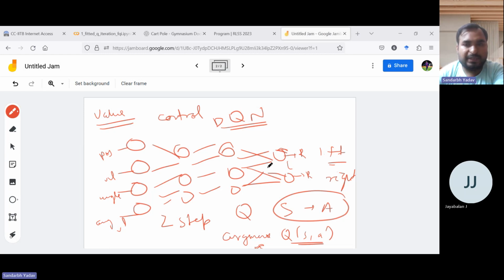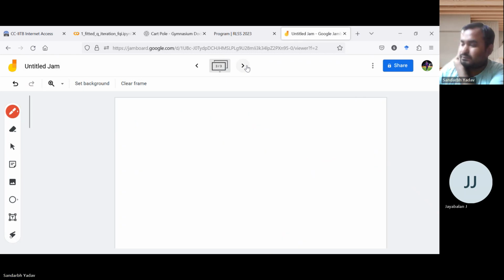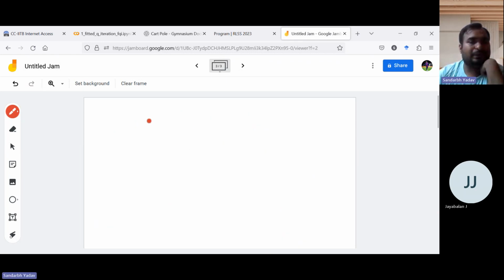The point I'm trying to make is that value function based approaches are two-step approaches. Then in the next week, you will learn something about policy based approaches.